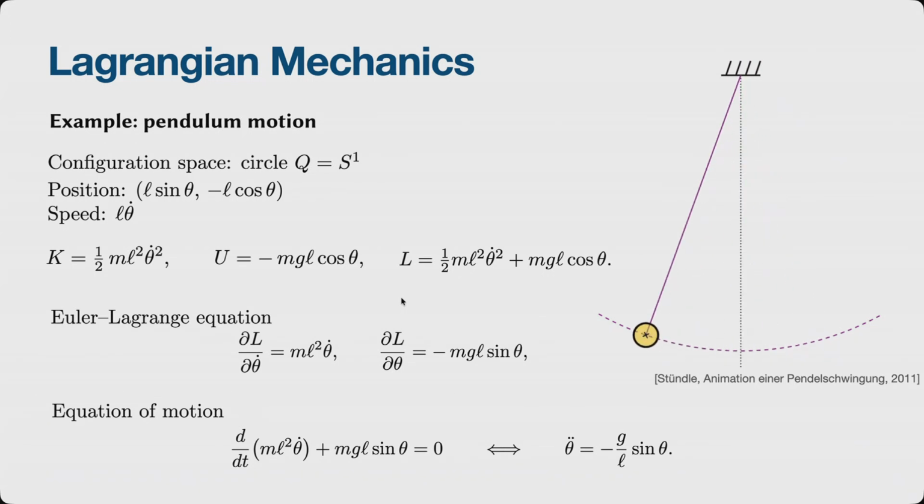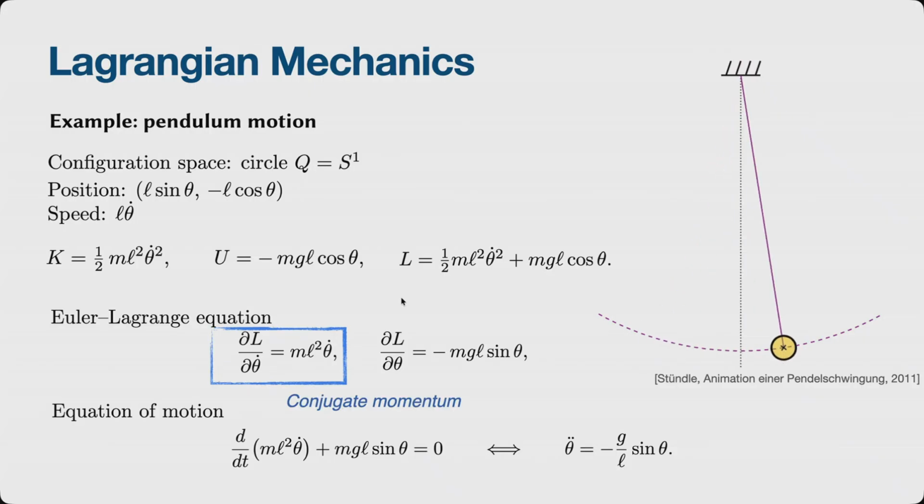So notice the quantity that's sitting under the time derivative over here is momentum. And we call this the conjugate momentum. It turns out that we're going to use this momentum to move from Lagrangian mechanics to Hamiltonian mechanics.